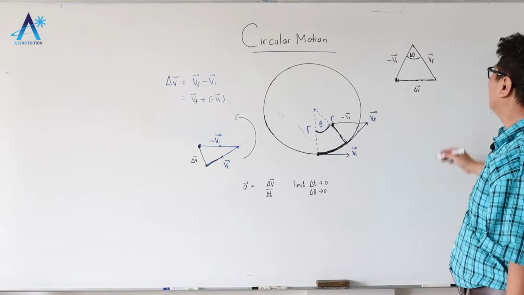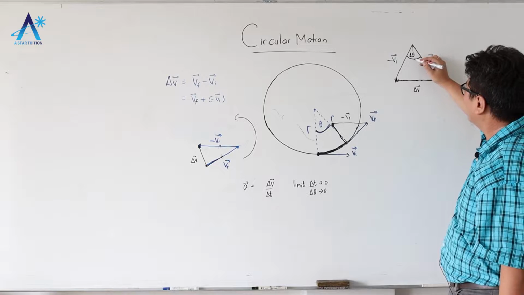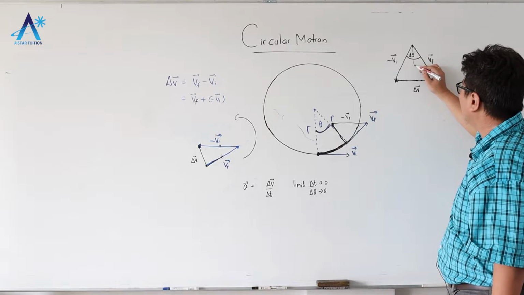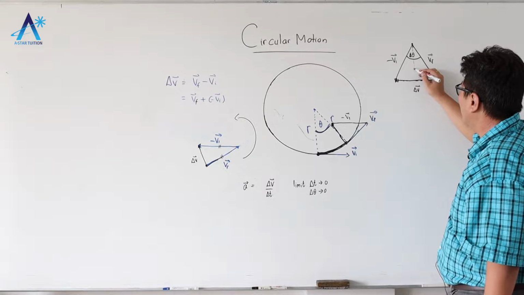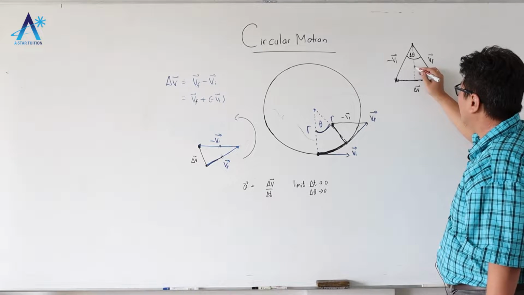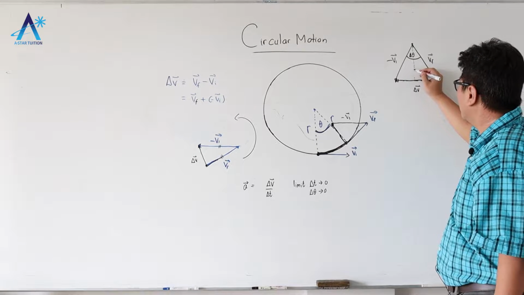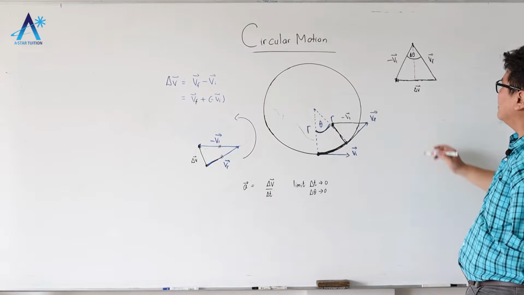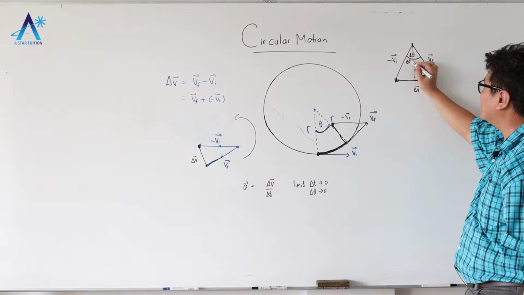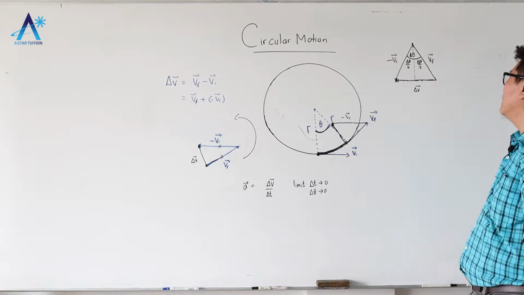Now, if I were to draw a line perpendicular from this point to the opposite side of the triangle, then you can see that the angle is now bisected. So then each has magnitude delta theta over 2.